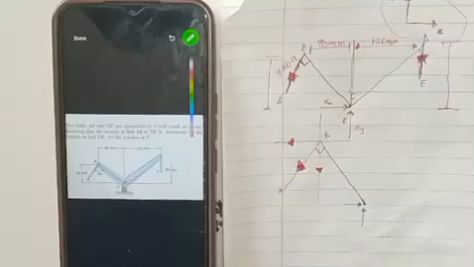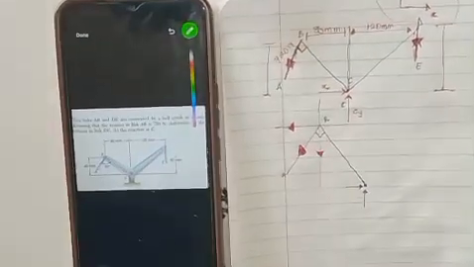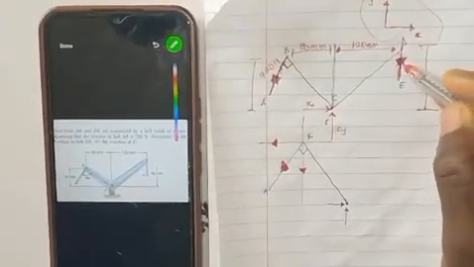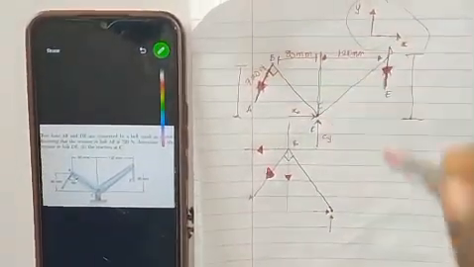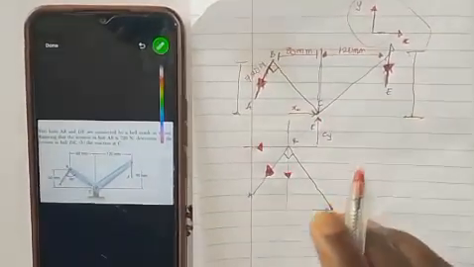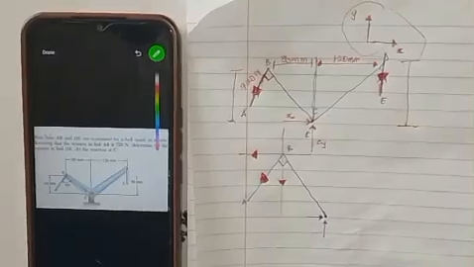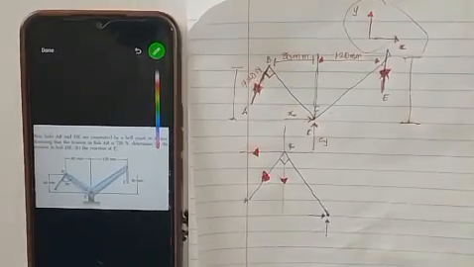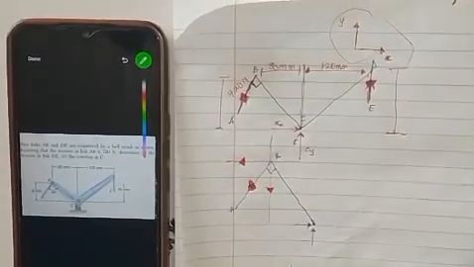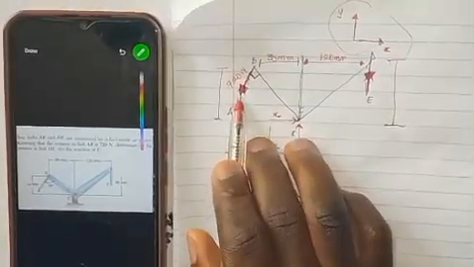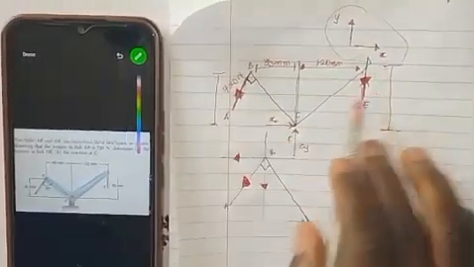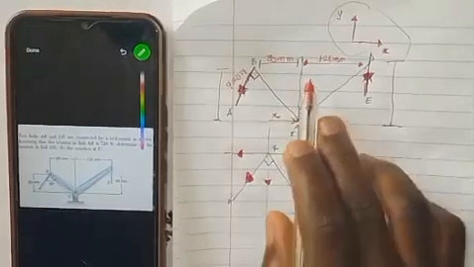Now most of you might be wondering why I know that this force here is going in this downward direction, these two forces. The reason is, don't forget, according to Newton's third law of motion, it says for every action there must be an equal and opposite reaction. If I said these two tensions are acting downward, that means the reaction here is acting upward.